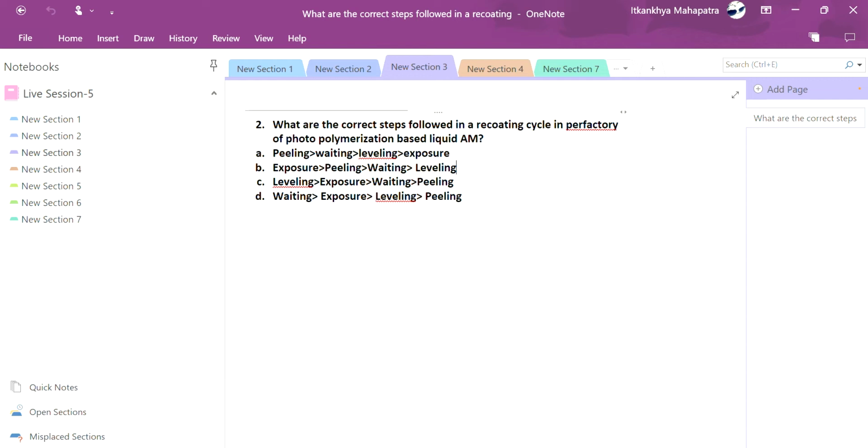This consists of certain steps. If anyone is aware of the option, you can just type in the chat box if anyone knows the proper sequence. Okay, yes, B is the correct option.